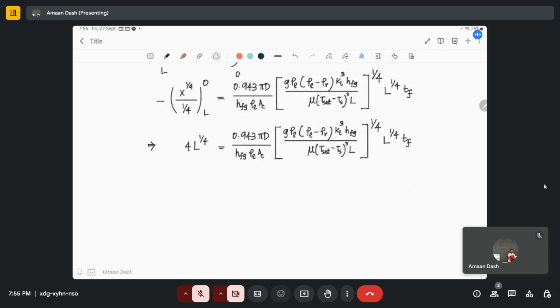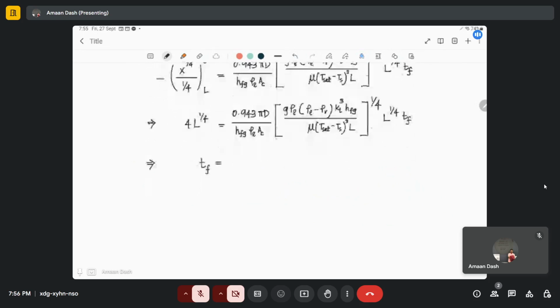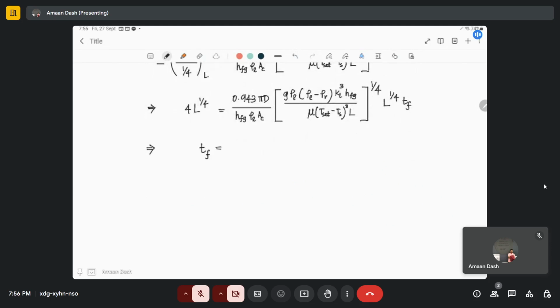So to find out t_f, you can just rearrange it. This implies t_f is equal to, you can just rearrange it. So I'm not doing it, I'm just writing the final.